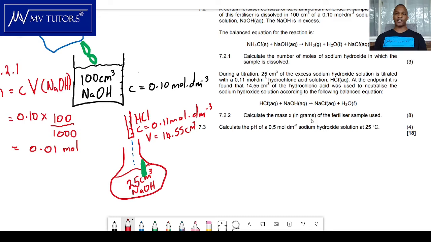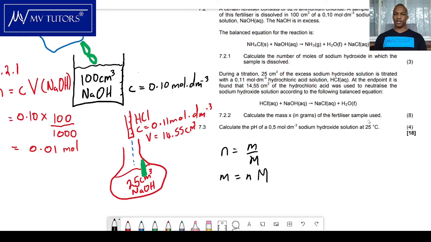Calculate the mass X in grams of the fertilizer sample used. Okay, so we need to be able to take what is happening at the end so that we can solve what is happening at the beginning. So what do they want? They want the mass. So now to calculate mass, we know that number of moles is mass over molar mass. So mass is really number of moles times the molar mass.